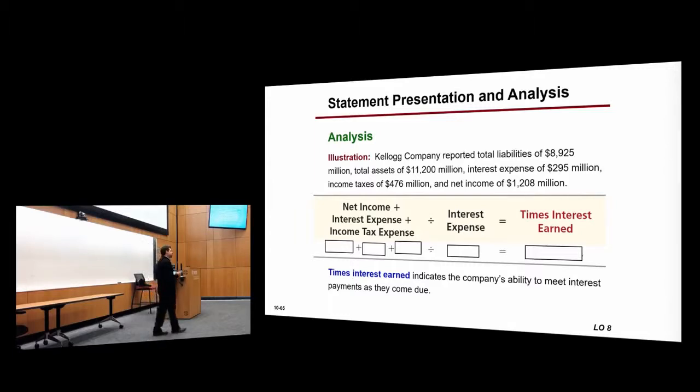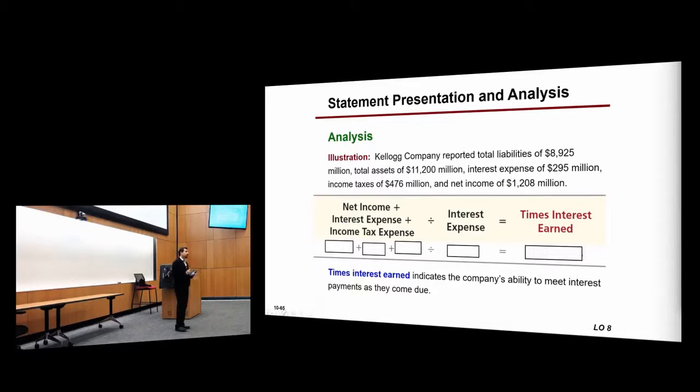Debt to asset ratio identifies the company's ability to pay their debts. Times interest earned looks at the company's ability to pay their interest expense, the interest that they are supposed to pay due to their loans and stuff like that.